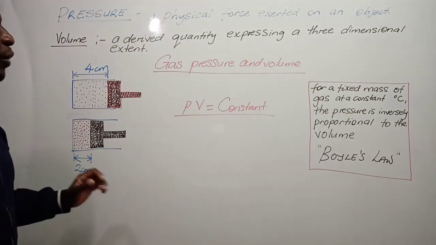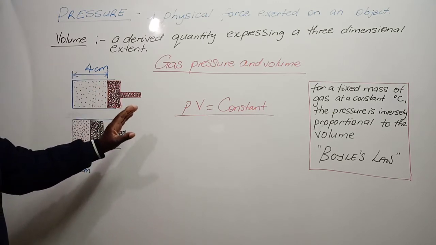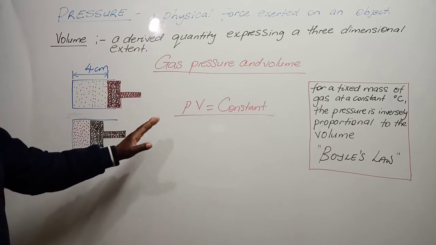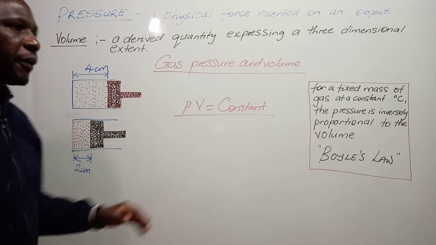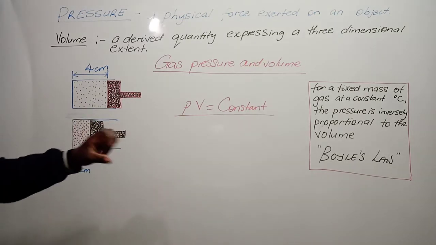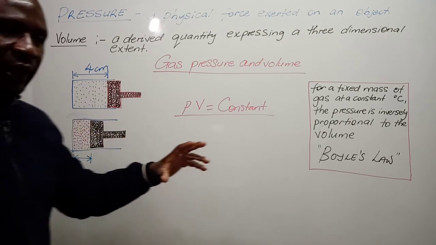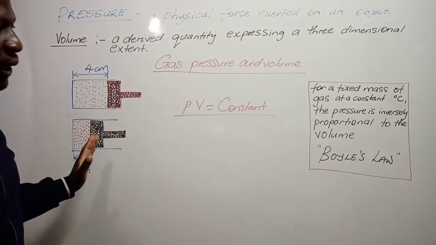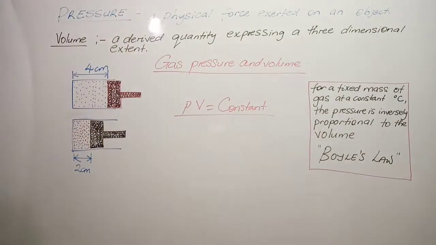Okay, now that we have come up with an equation that pressure multiplied by volume gives us a constant behavior, we have seen here that when we reduce the volume where gas is contained, the pressure is increased, which correlates to Boyle's law. Fine.